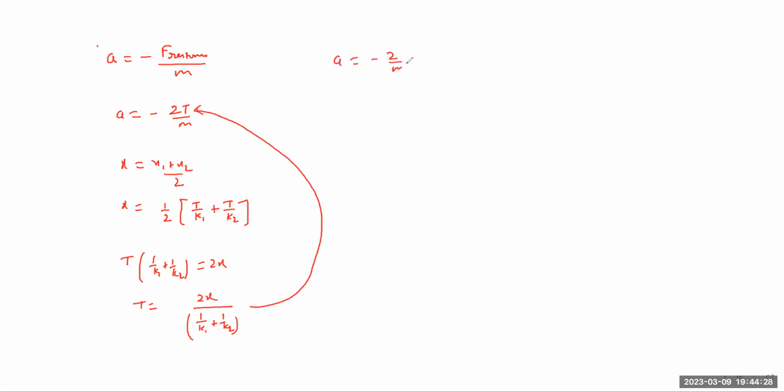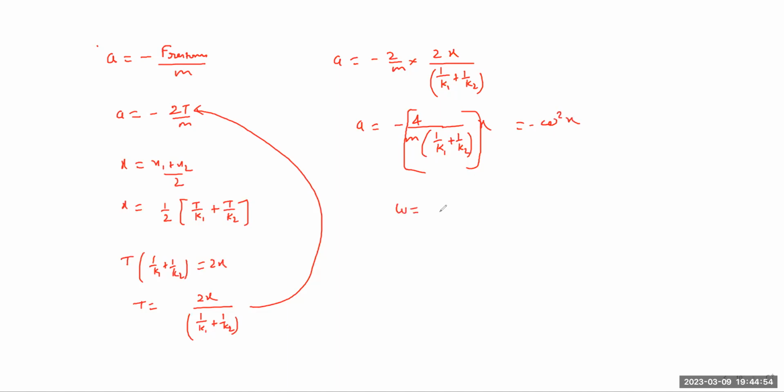A equals minus 2 by M into that, and whatever you multiply with x becomes omega squared, and this becomes a question of SHM. So it will go through this constant relation.